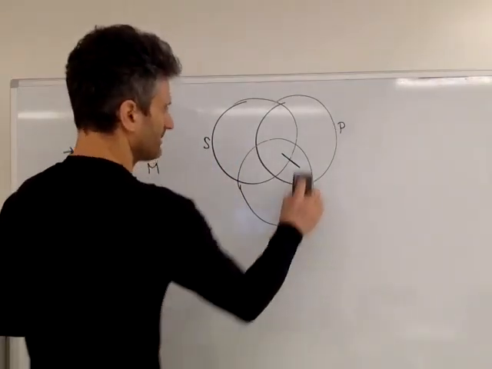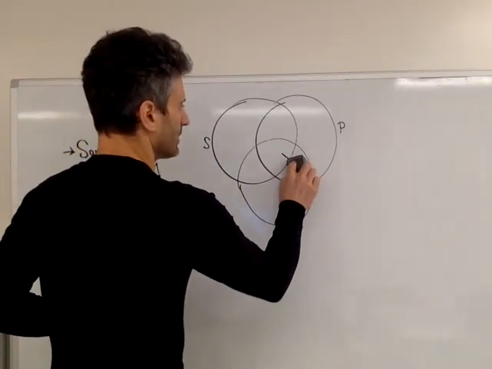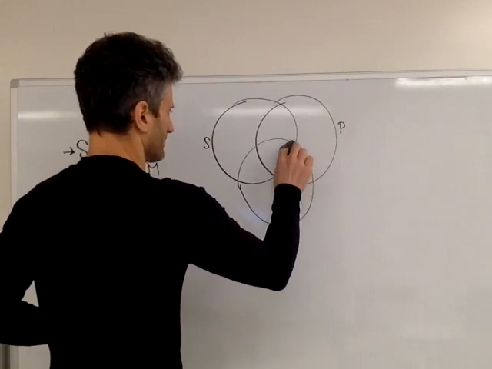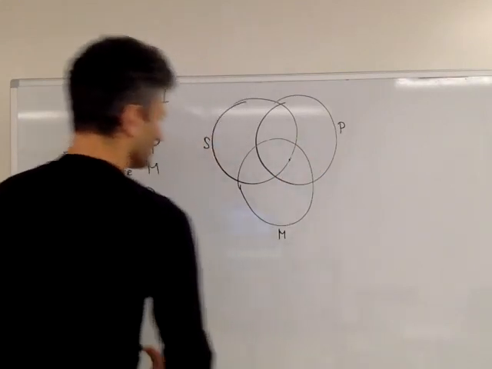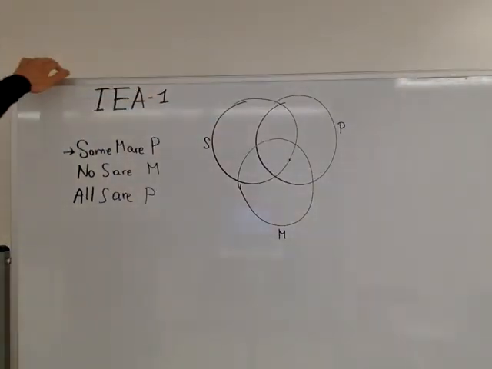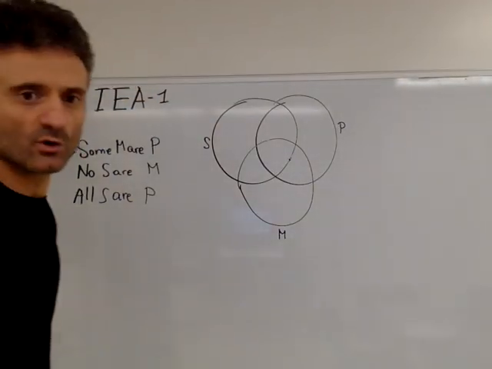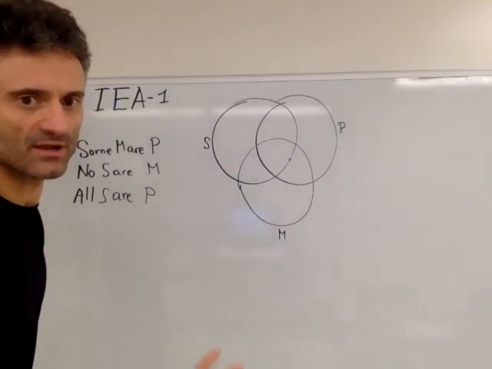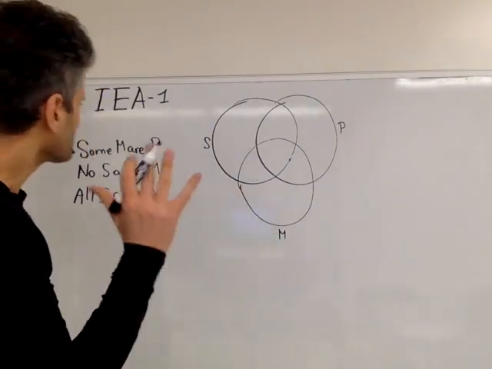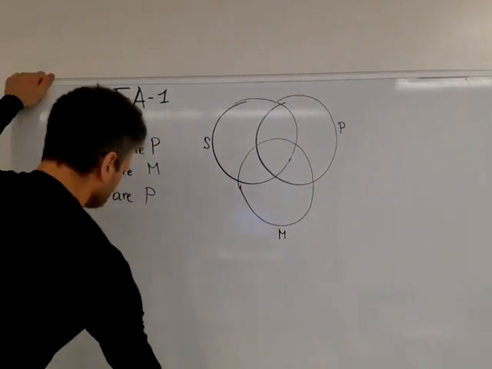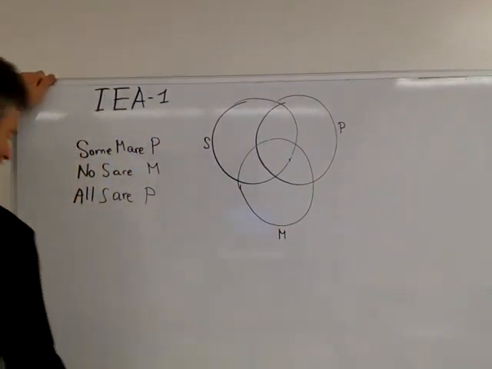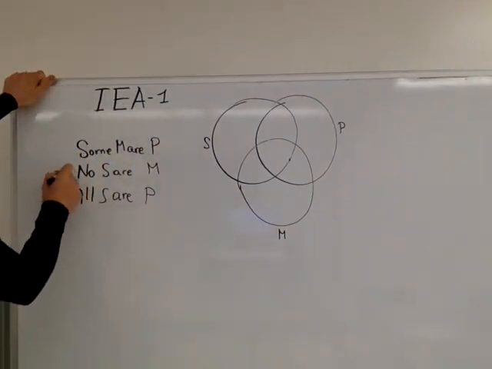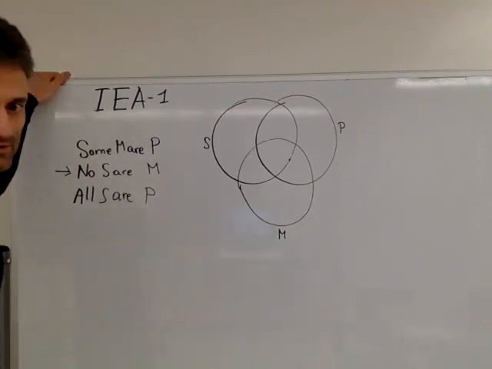Okay, but before we venture to diagram the first premise, as I said, which we have no specification, we don't know where to put the X. Let's skip the first premise and let's diagram the second premise, which is a universal premise.